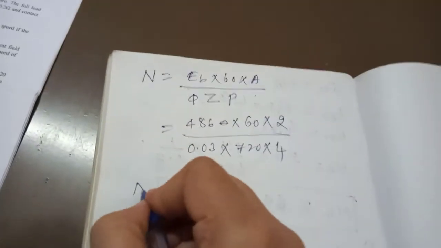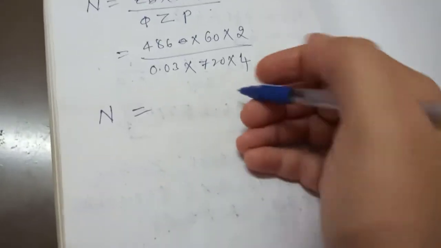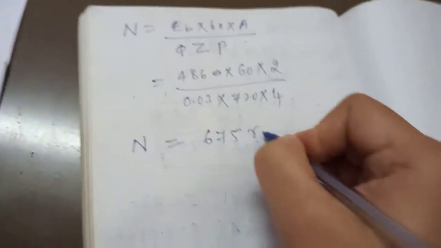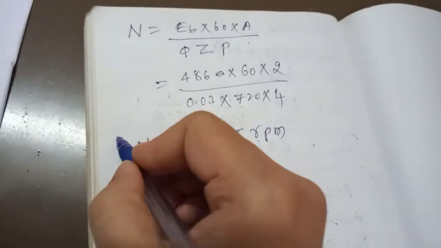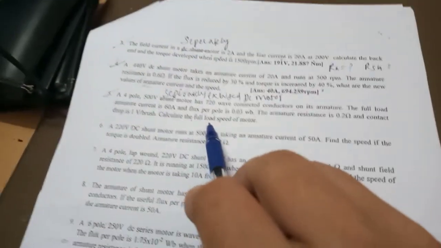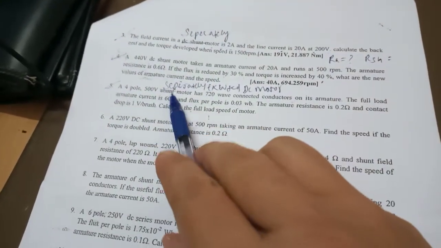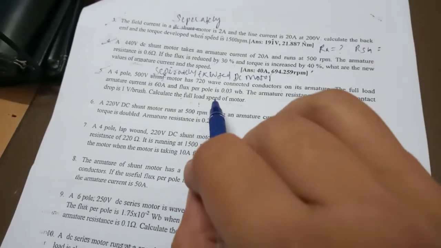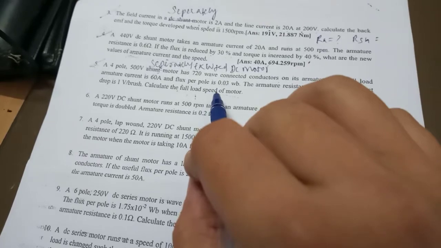So the full load speed N is 675 rpm. If you take this as a shunt motor also, you will get the same answer, nothing changes. You try this at home.